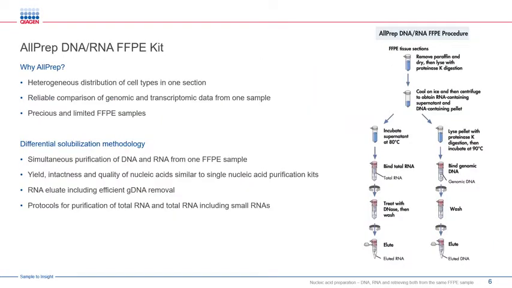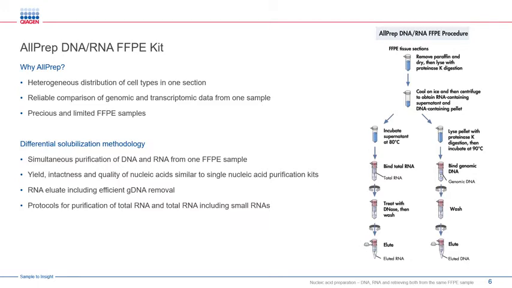Based on the observation that RNA and DNA require different times to solubilize from FFPE sections, scientists at QIAGEN developed a protocol for separate isolation of DNA and RNA from the same FFPE section without splitting samples.